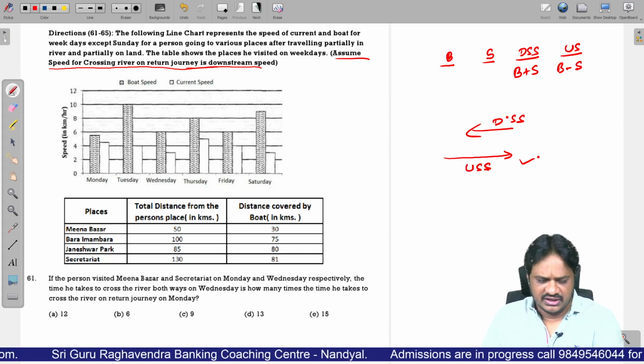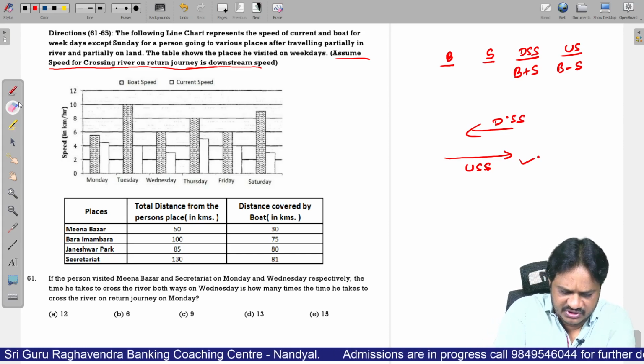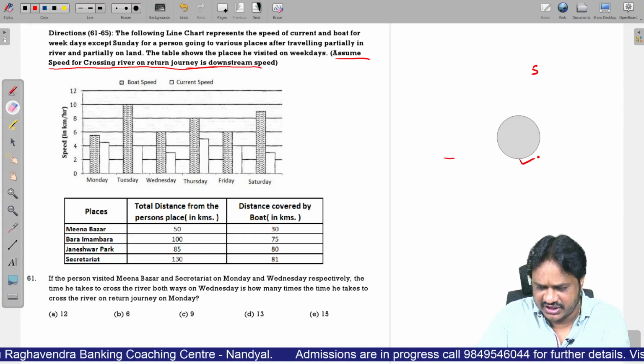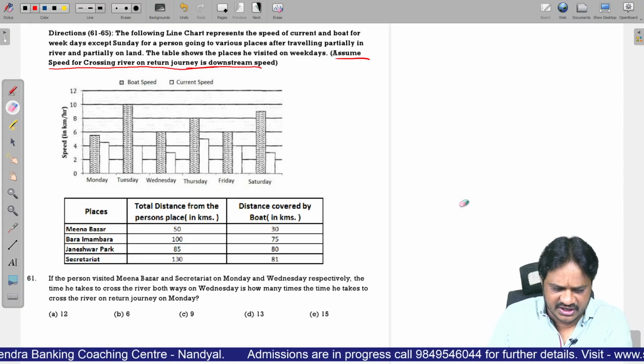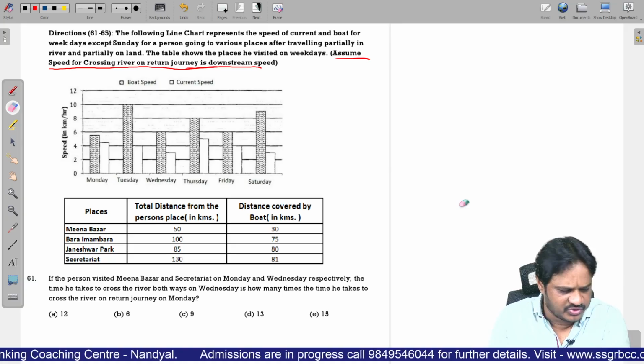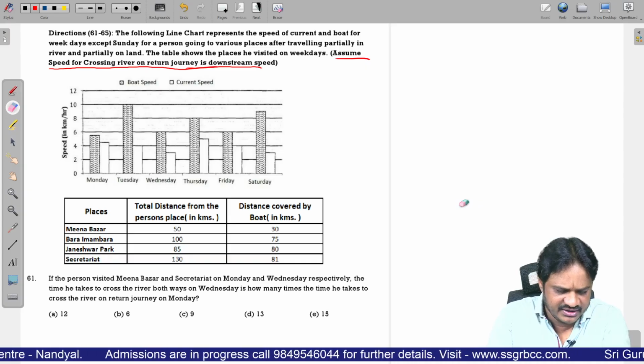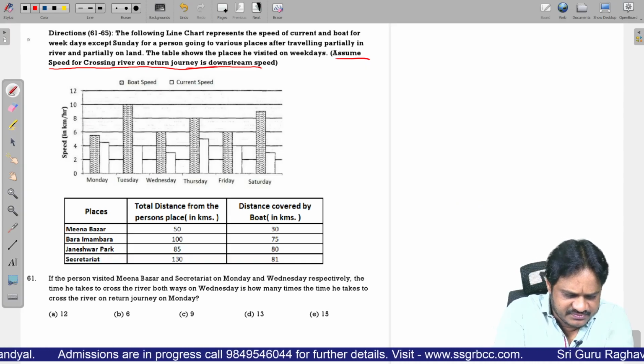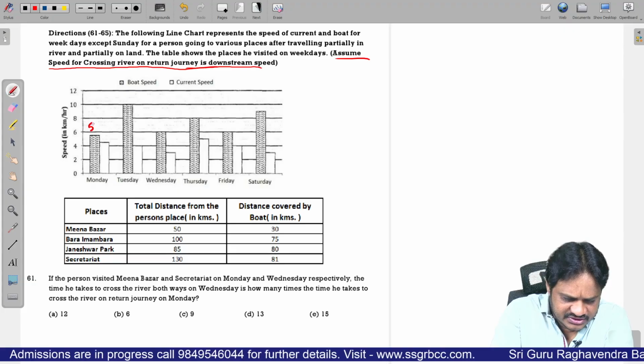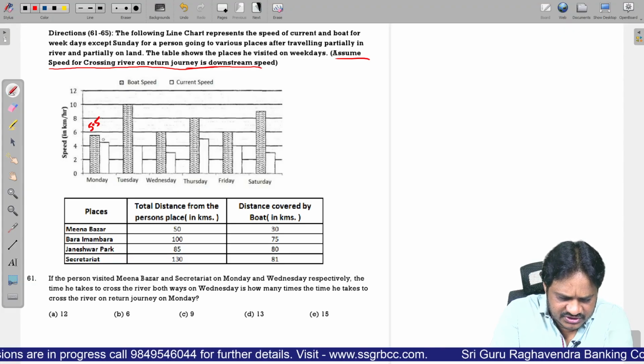Now let us see the given table, I mean bar diagram and also the table. So what is given in the bar diagram? We have the speed of the boat, also the speed of the current on different days starting from Monday. Monday speed of the boat is 5.5, and the current is 4.5.